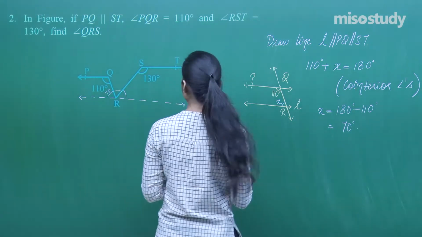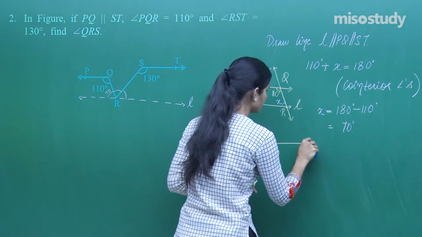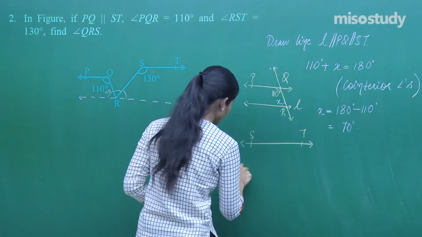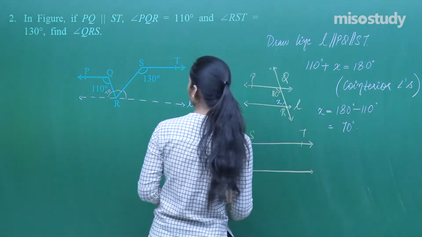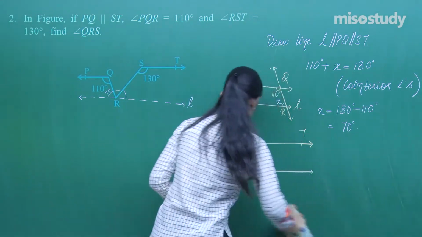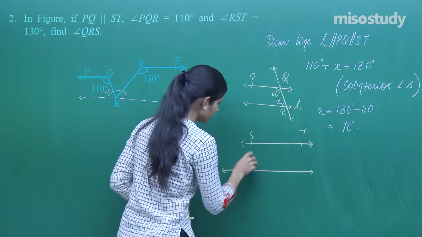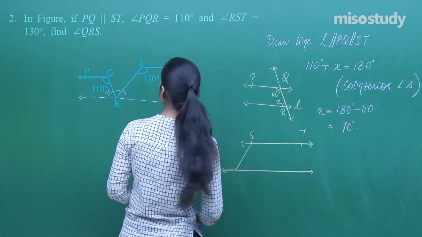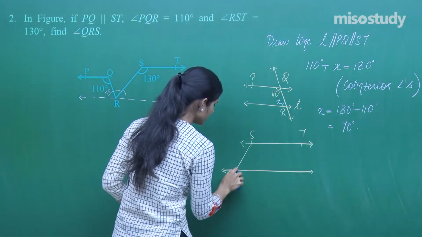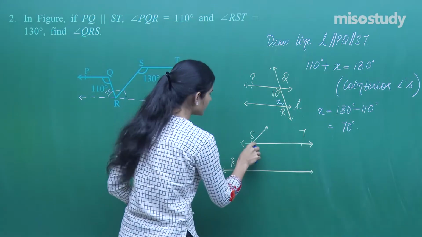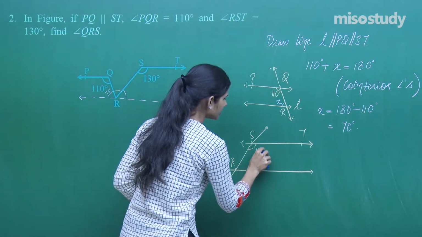Similarly, this angle will be what? Over here, say this is S and say this is T, and then I again have this complete line. Moreover, if I take it a bit ahead, let me extend it. This point is R, extend this. You have this angle as 130.